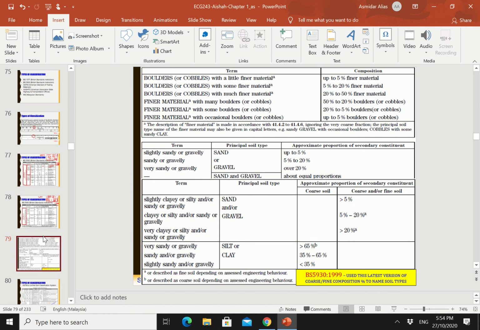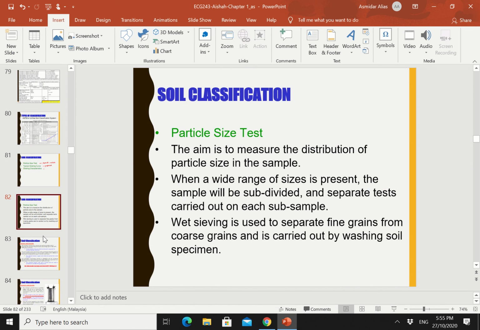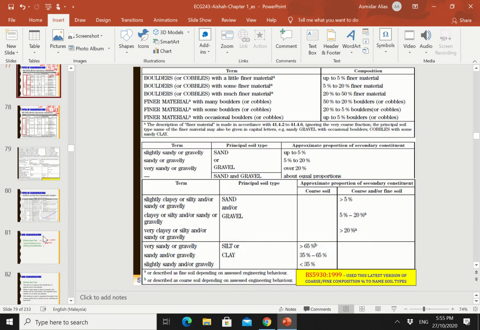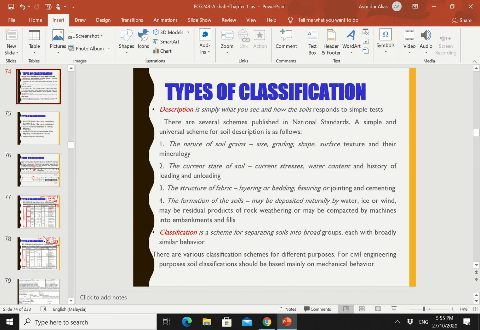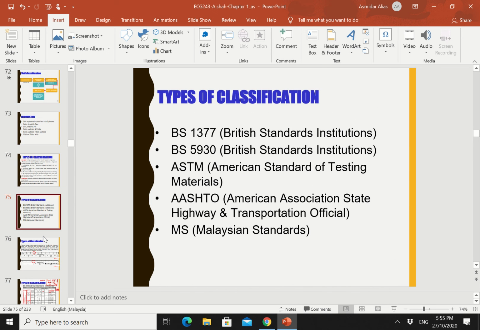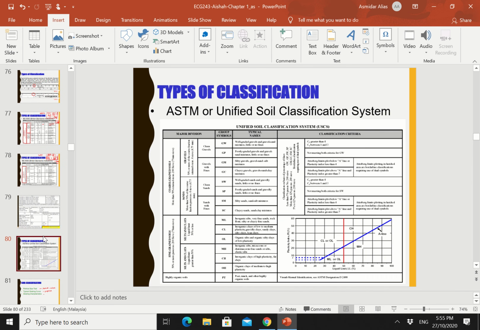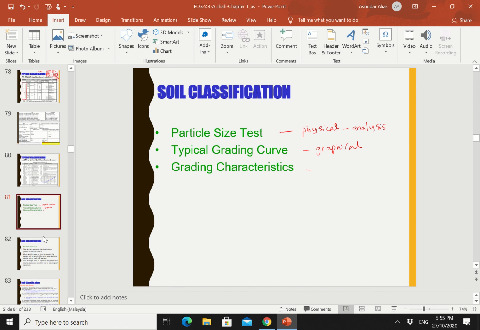But right now, what you need to know, apart from this, we have what we call the hydrometer test. The hydrometer test is to classify fine particles of soil, and that one you can learn.